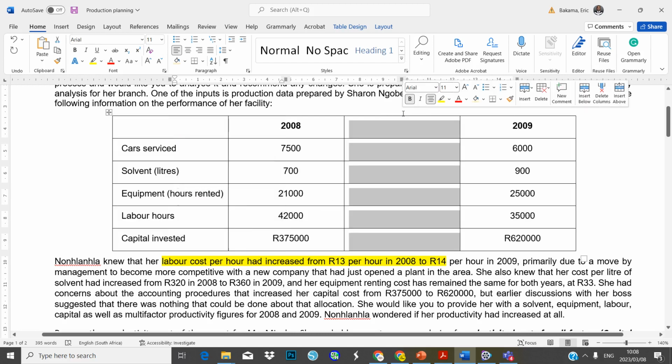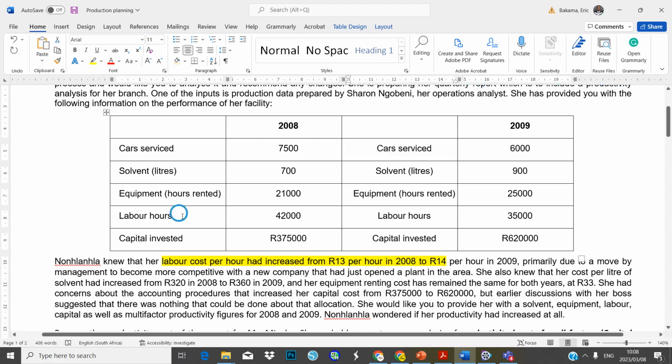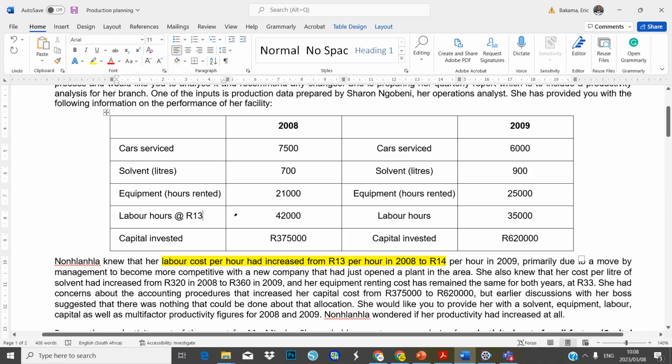I'm going to add another column here. The labor cost used to be, in 2008, charged at 13 rand. By that, they mean that per hour, if we pay someone, we pay them 13 rand per hour. This was in 2008.